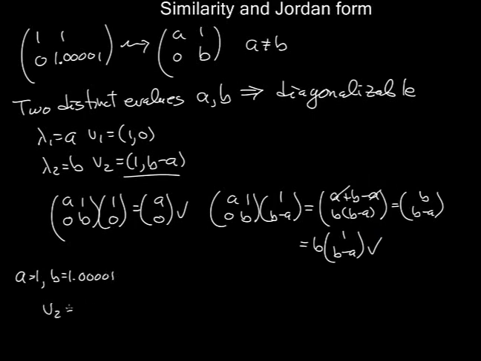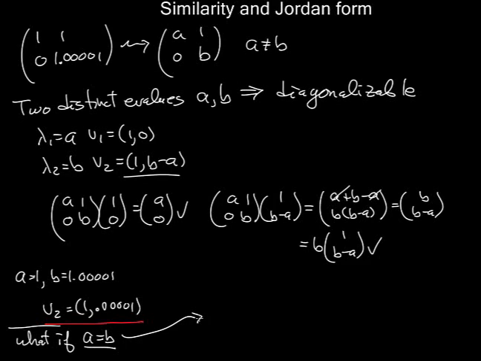So in particular, if A is 1 and B is a number slightly bigger than 1, this vector V2 has its second coordinate very close to 0. In other words, this second vector is extremely close to the first eigenvector, which was (1, 0). And that's why you have this instability.